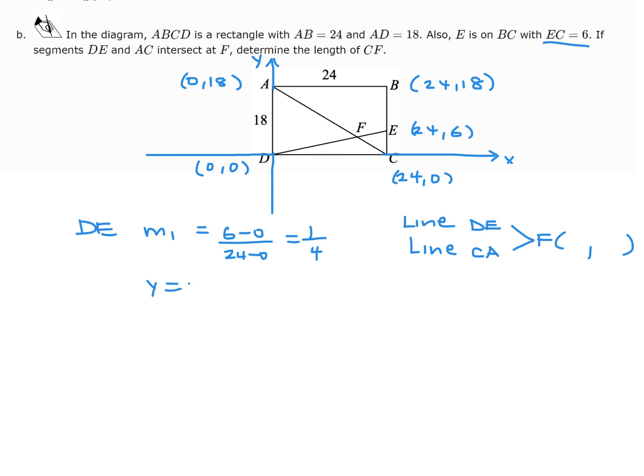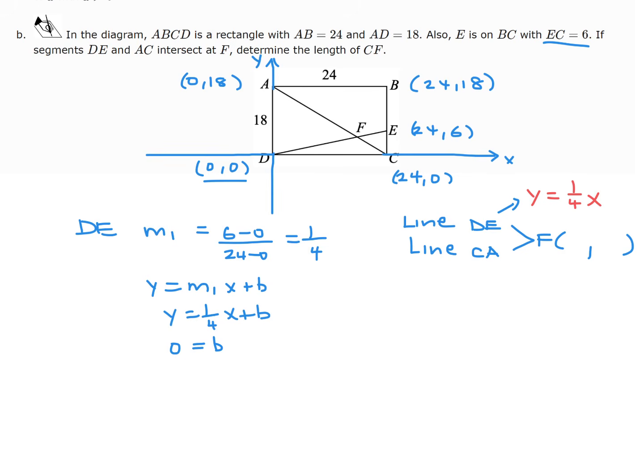So y is equal to mx plus b, so y is equal to a quarter x plus b. Let's substitute some point into this. Let's just put in 0, 0. When you put in 0, 0, you get b equal to 0. So therefore, line DE is fairly quickly solved as y is equal to a quarter x.